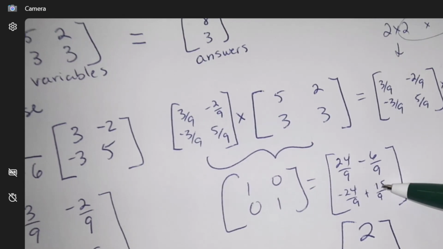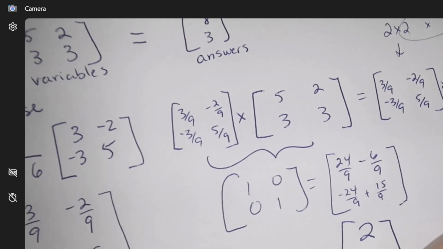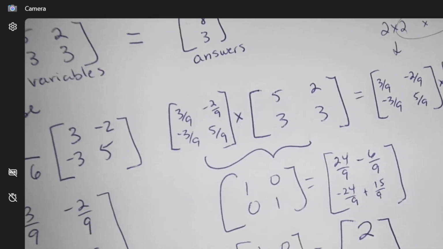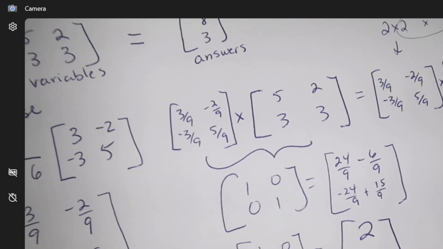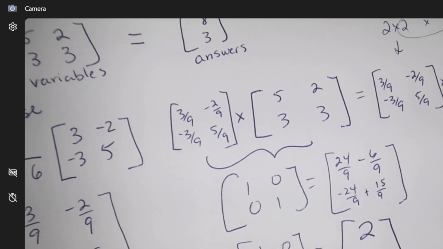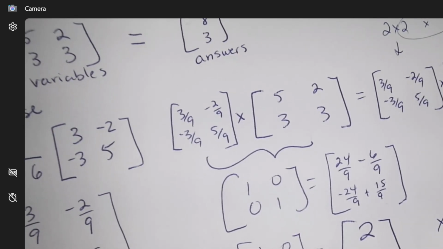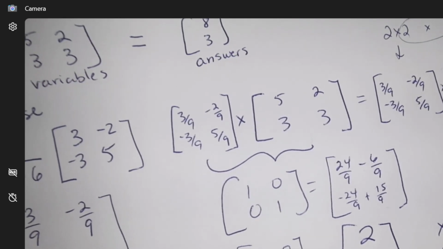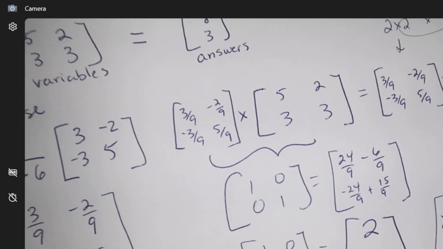Negative 9 over 9 is negative 1. So what's my conclusion here? x is 2. And y equals negative 1. There we go. We solved it in another way.